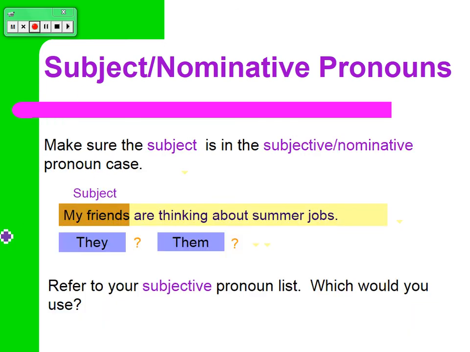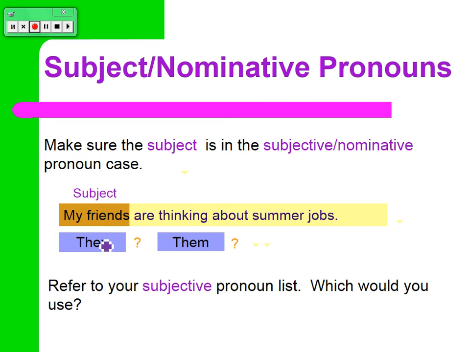Okay, make sure that the subject is in the subject pronoun case. All that means is that when you are using a subject pronoun, make sure you're in fact using a subject pronoun and not another type of pronoun. Okay, if you are using a pronoun in the subject part of the sentence, you must use one of the pronouns we just filled out in our charts. Okay, so for example, my friends are thinking about summer jobs.